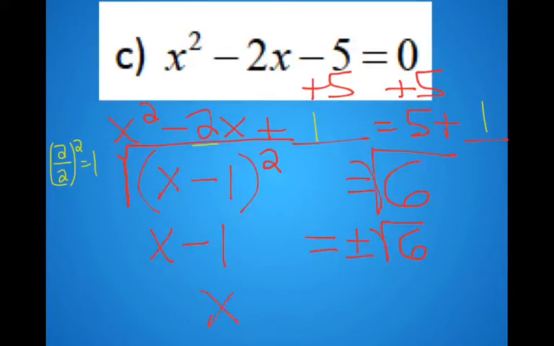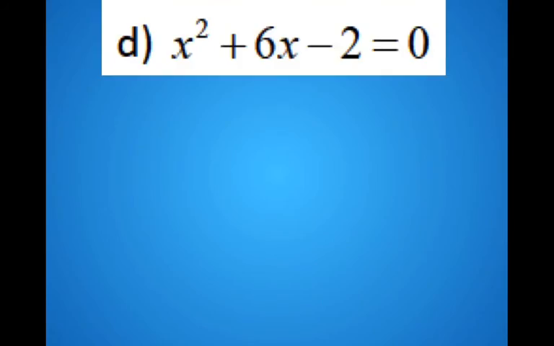So I'm going to say x equals 1 plus and minus square root of 6. So those are your answers. Those would be the exact answers. One answer is 1 plus radical 6, and the other answer is 1 minus radical 6. If you needed decimals, you could get decimals. So I think that'll do it for completing the square. Okay?